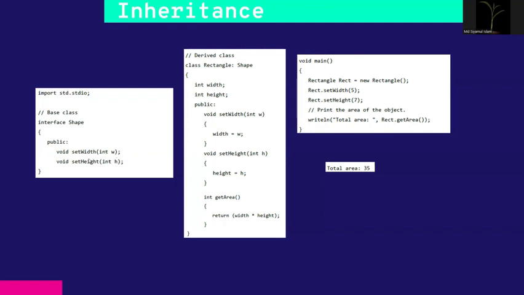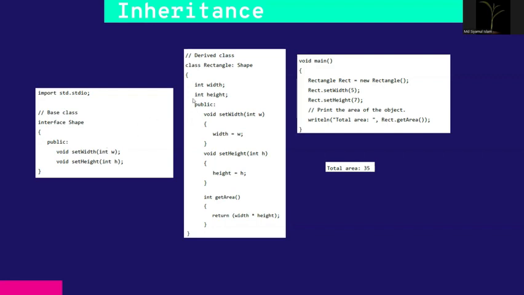In the base class there will only be declarations, and any derived class that inherits this base class can implement its own implementation of these functions. So the interface only gives the declaration of the functions, and the derived classes give the definition of these functions.